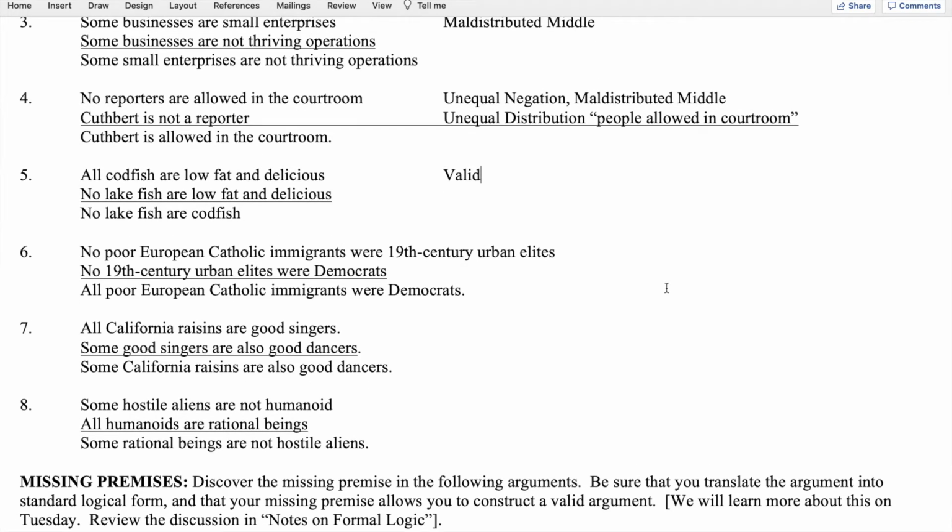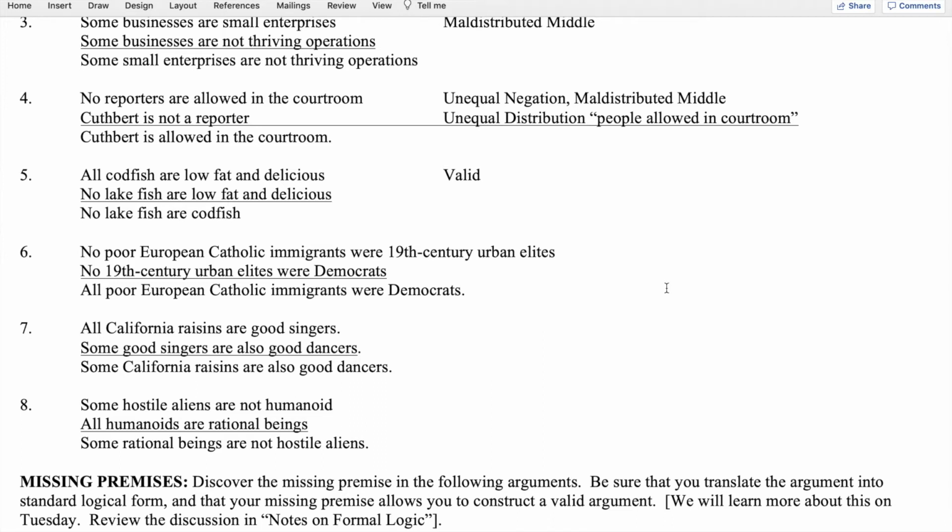Number 6. No European Catholic immigrants were 19th century urban elites. No 19th century urban elites were Democrats, and therefore all poor European Catholic immigrants were Democrats. So in this instance, we have a universal negative first premise, a universal negative second premise, and a universal affirmative conclusion.